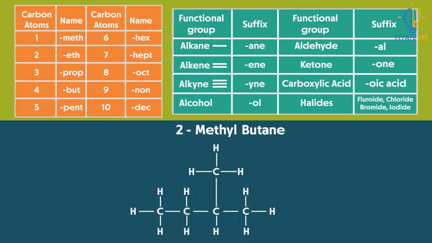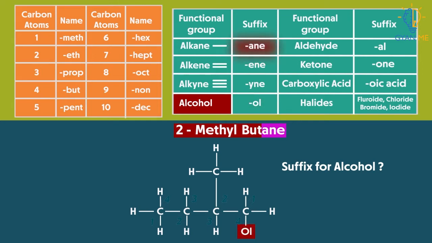Now what if I replace one hydrogen here with the alcohol group? Yes, it can be joined like this. In this case, the suffix will change as the functional group is changing, and the remaining portion of the name will remain the same. Now what about the suffix for alcohol? Yes, it is "ol".